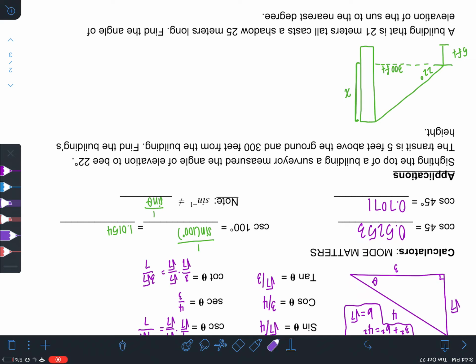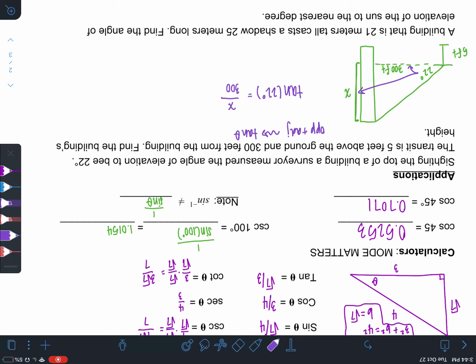You'll notice that we have the opposite side and the adjacent side. There's only one equation that uses opposite and adjacent, and that is tangent. So we're going to say tangent of 22 degrees is equal to x over 300.